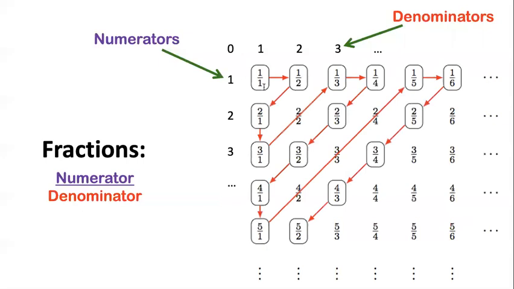So this would be 1/1. Or this is going to be 1/2. This is 1/3 because the numerator is on top of the denominator. And here we have this grid of all of these numbers. Now the red gives it away. There's a beautiful way of pairing all these things off in the grid with the natural numbers. Let's just zigzag through this thing. And then everything in this grid is going to get paired with the natural numbers.